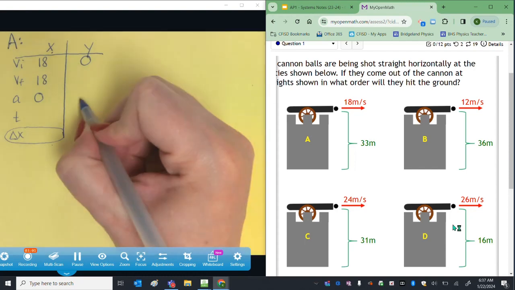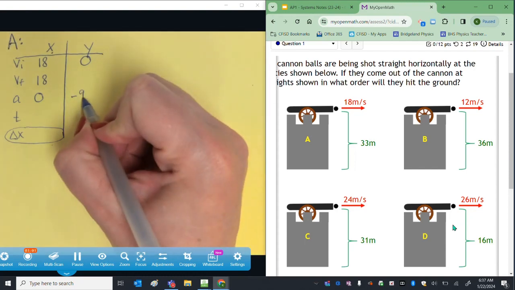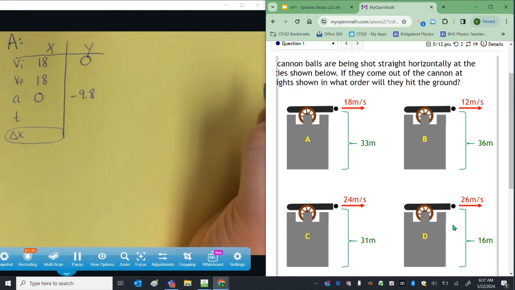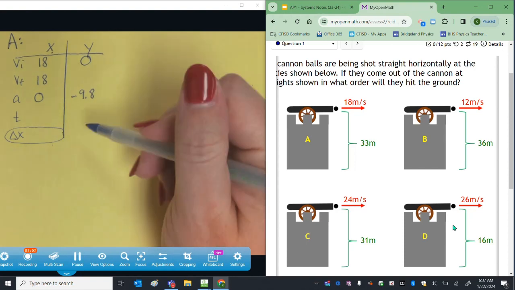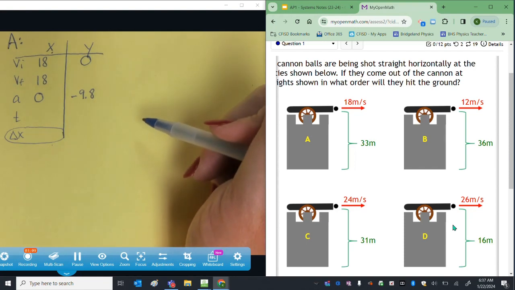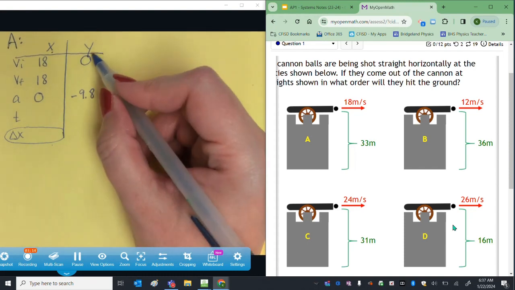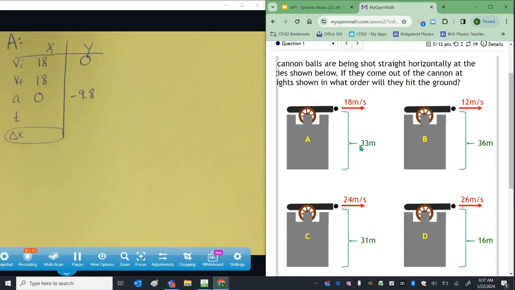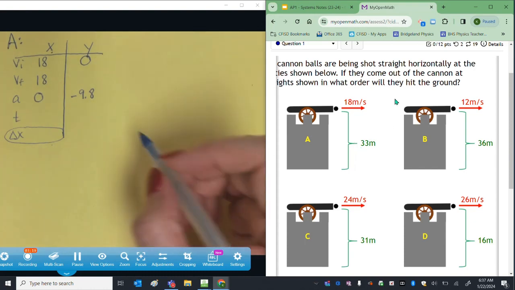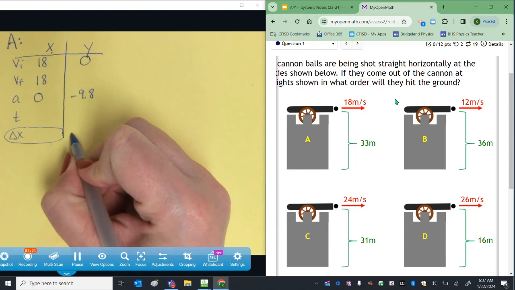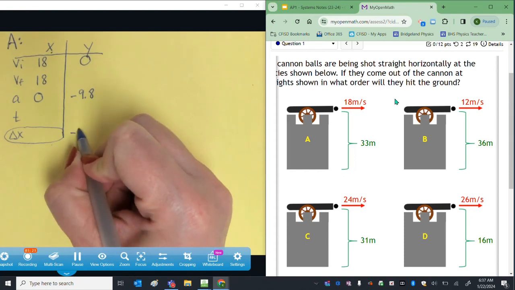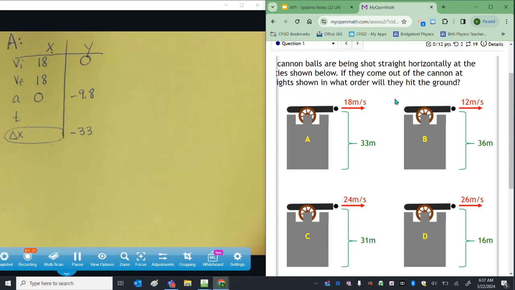My acceleration is due to gravity, therefore it's negative 9.8 meters per second squared. And my displacement vertically is the height that's given in the image. This is 33 meters above the ground, therefore it will fall 33 meters, and so the displacement in the y direction will be negative 33.